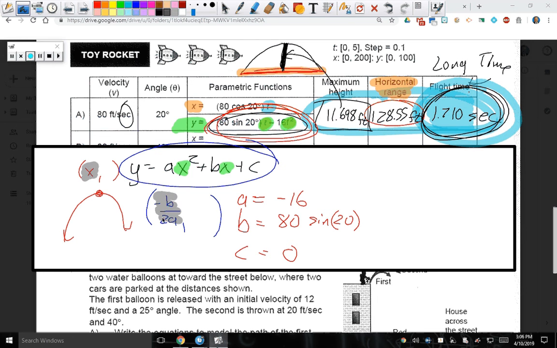So b over here is 80 sine 20, so it's a negative b over 2a. And if I put that into my calculator, this will tell me the x value that we got when we divided 1.710 by 2.